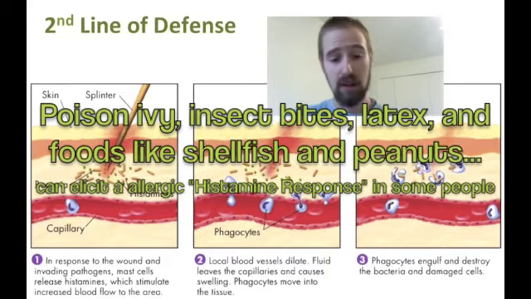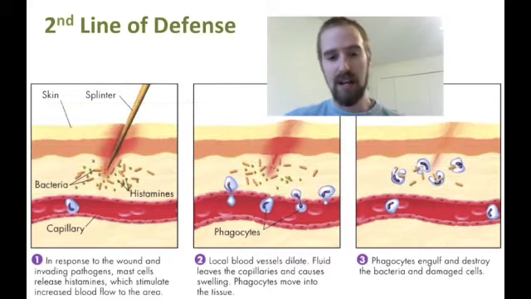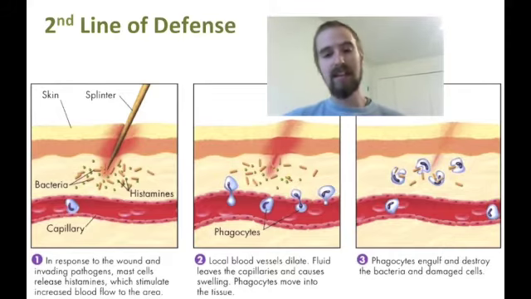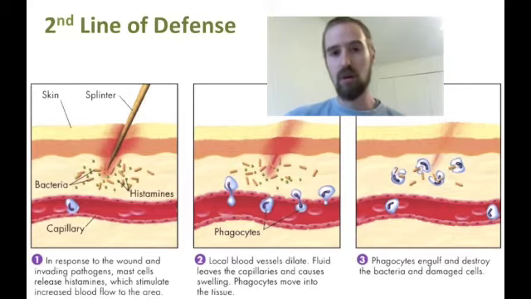But what those histamines do is they stimulate increased blood flow to that area by causing the capillaries in that area to dilate or get wider. And that brings a whole bunch of new white blood cells to the area. And white blood cells are a key component of our immune system.